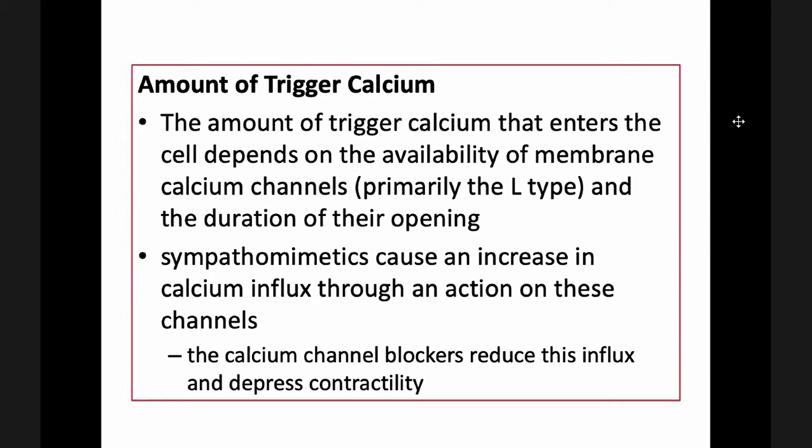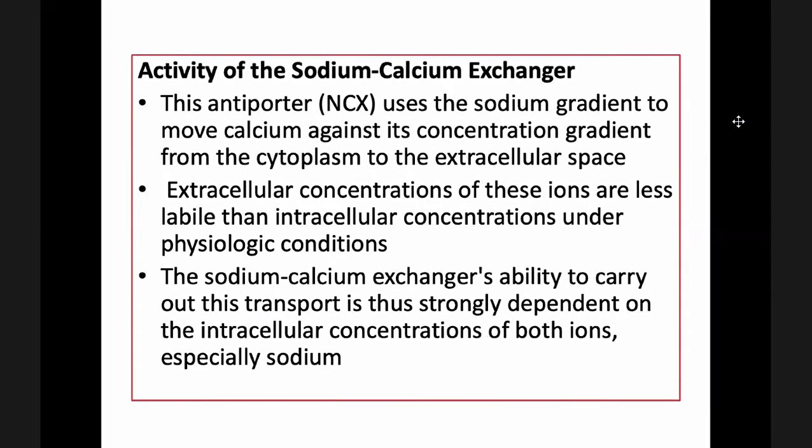The amount of trigger calcium that enters the cell depends also on the availability of the membrane calcium channels and the duration of their opening. Your sympathomimetics will cause an increase in calcium influx through action on these channels. The calcium channel blockers will reduce this influx and will depress contractility.